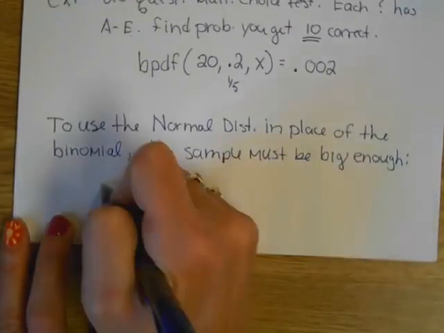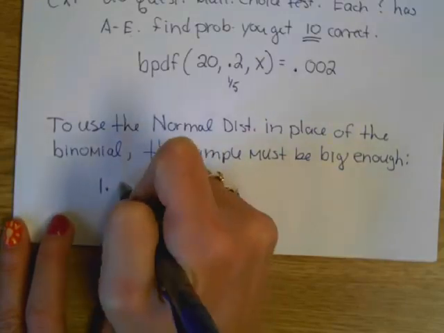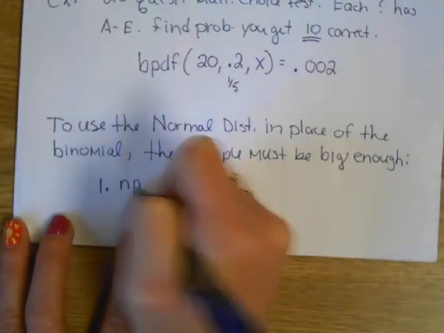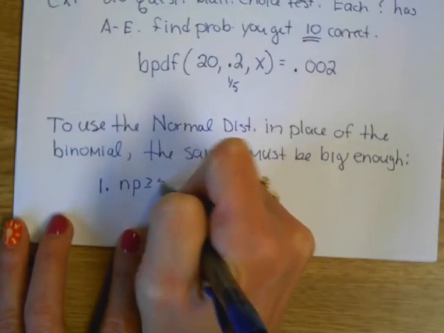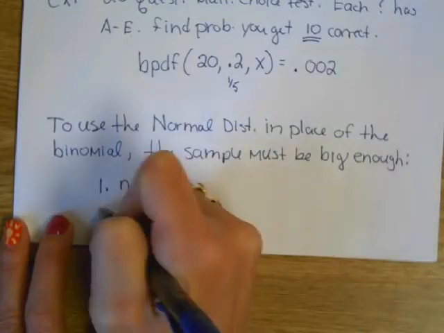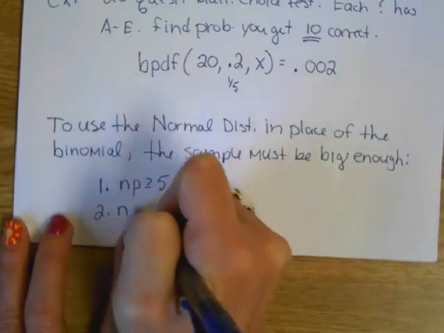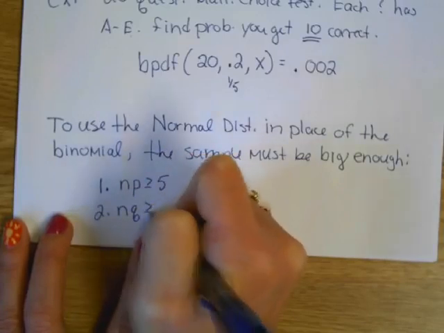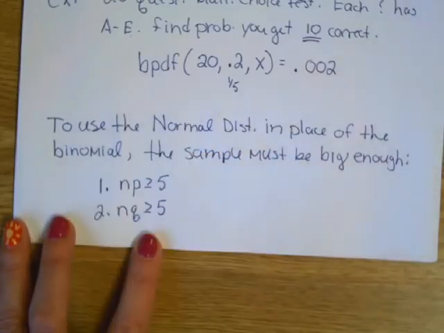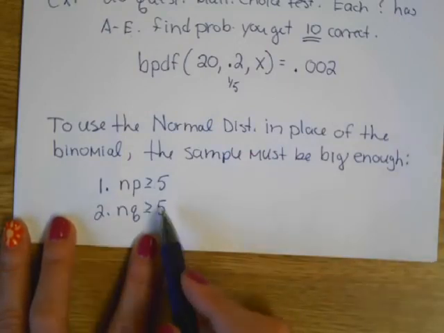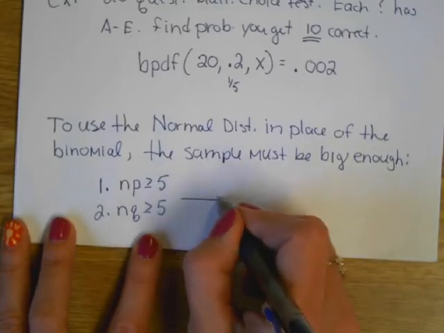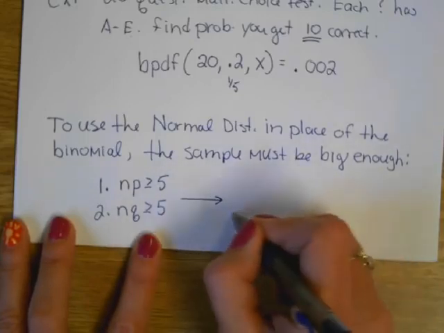Two things have to happen. Your n times p has to be greater than or equal to 5, and your n times q must also be greater than or equal to 5. And we'll check that in a minute. If both of those are at least 5, you do get to use the normal distribution.